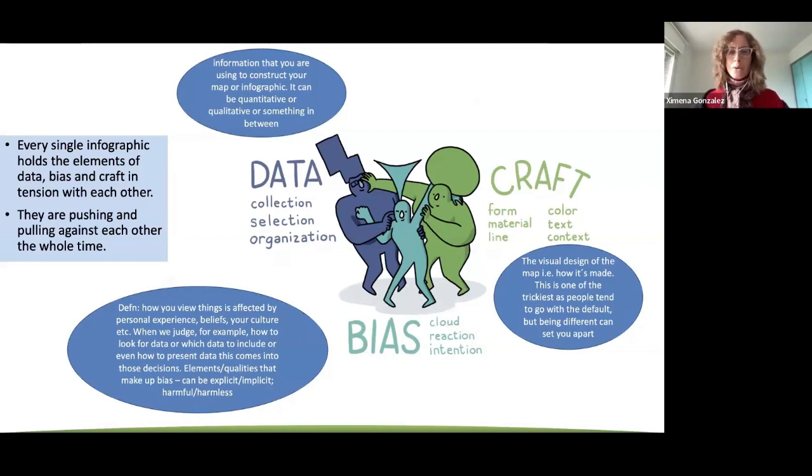Craft is very important. Craft is really the visual design of your map, how it's made. It considers anything from colors, to the text you use, to the context that you use to put up your infographic or whatever you wanted to say. You could use a corridor, for example. That was really interesting to explore.